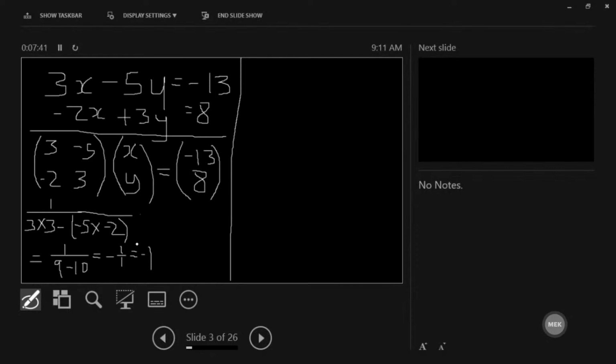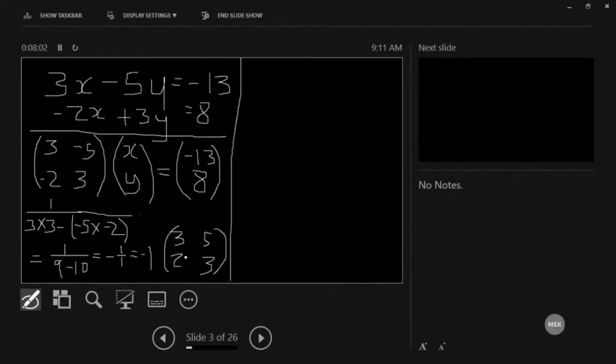So we're going to multiply this times the adjoint, and the adjoint is, we reverse the A and D, but they are the same thing, so we write back the same thing. Change the sign of the B and the C, so it becomes 5 and 2.